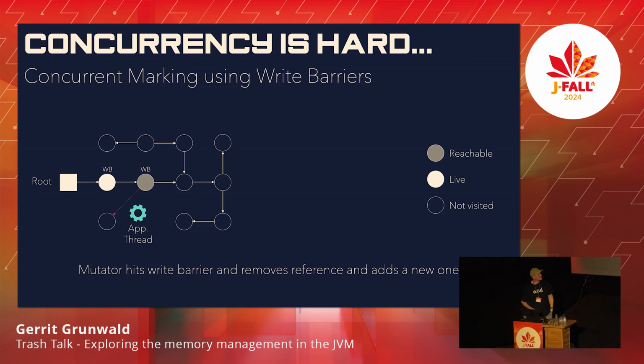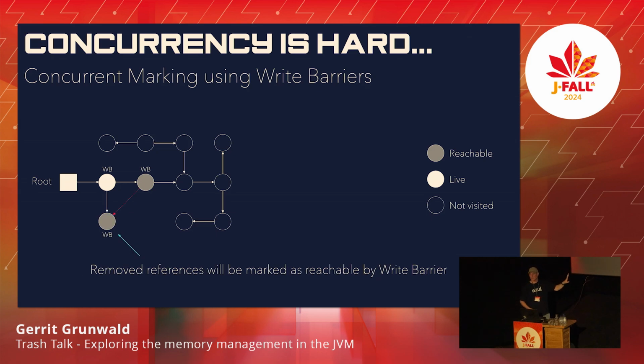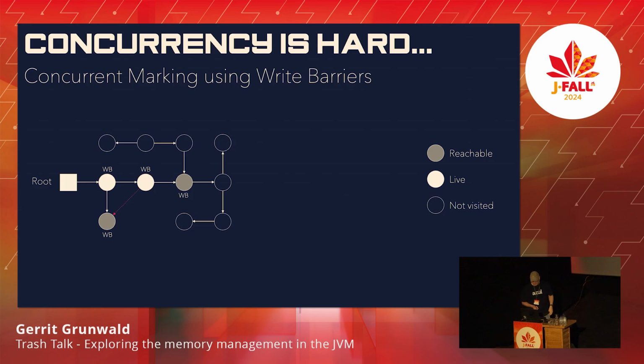And what happens is that the write barrier, the code that will be executed, says, okay, if you remove a reference, we mark this memory cell that was referenced in any way as reachable. Only reachable, not live, right?